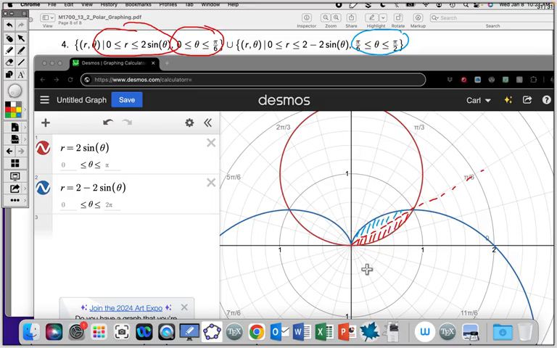And so then I would be shading in that region between the origin and that. So this region here combined, I'm taking the union of these two. So I'm looking at this region together, and I'm breaking it up into the two parts, the part bounded by the red circle and the part bounded by the blue cardioid. Okay.